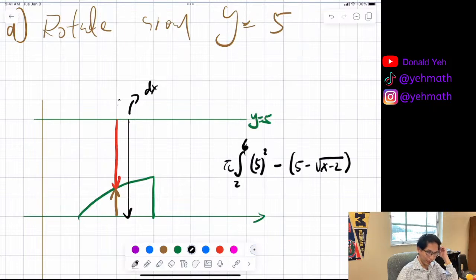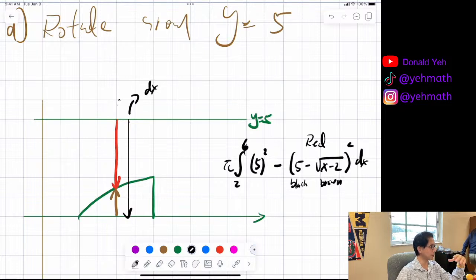Because this is the brown part, this is the black part, and black minus brown equals the red. So this is the red, squared, dx. Got it? So you just learned all the rotation. This off-axis rotation is not exactly the same as the other rotations.